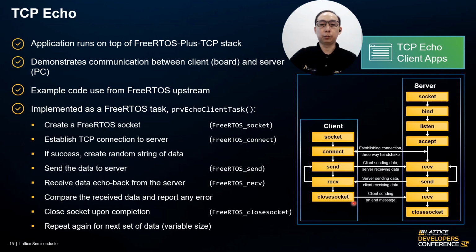Otherwise, the task will proceed to close the network socket once all the operations have been completed. Then the task will repeat the process by starting over, creating a new network socket and continuing the process in a loop.